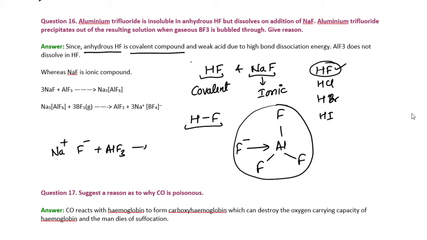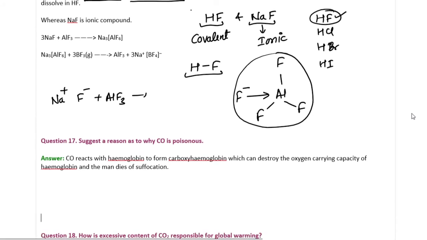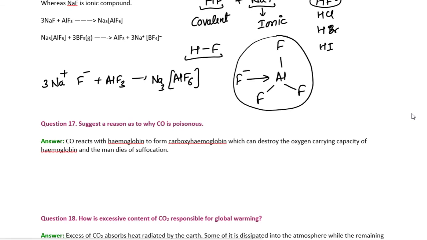It can extend its covalency beyond 4 because aluminum has vacant d orbitals. That's why aluminum can form AlF6 3- with 3 sodium ions. So 3 NaF plus AlF3 forms Na3AlF6.